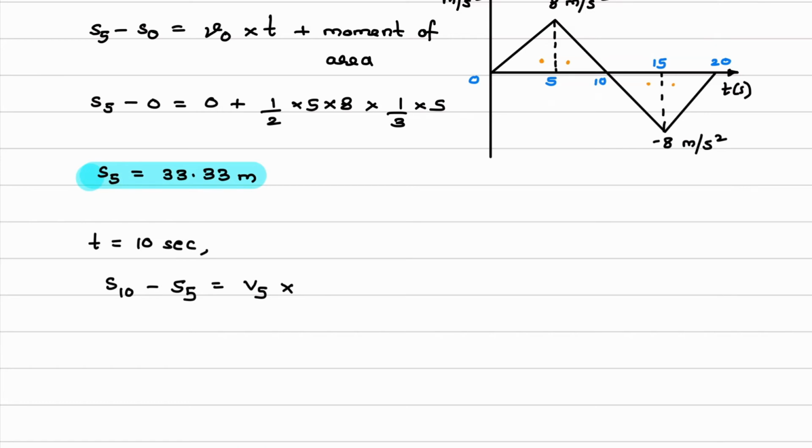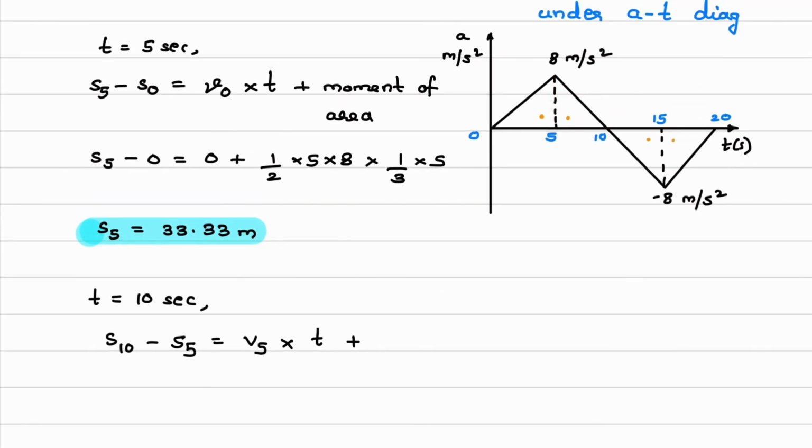Okay, here this time will be, I'll write down t only, plus moment of area. Now what is this area? This area is moment of which area? Area under AT diagram. Okay, now this triangle, what is the area? Half into base is 5 and height is 8. So plus half into 5 into 8.